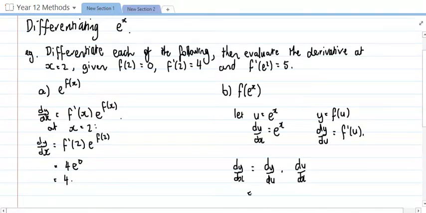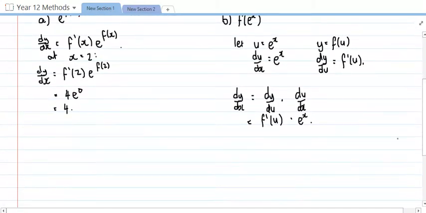And subbing in what we know, dy du was f dash u multiplied by du dx, which was e to the x. And lastly, subbing u back in, we get f dash e to the x multiplied by e to the x.